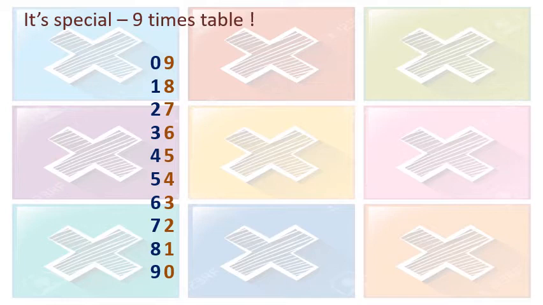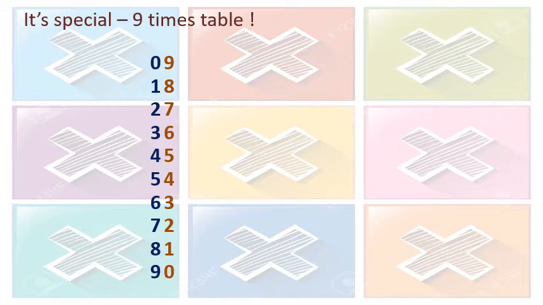Only 9. 9 ones are 9. 9 twos are 18. 9 threes are 27. 9 fours are 36. 9 fives are 45. 9 sixes are 54. 9 sevens are 63. 9 eights are 72. 9 nines are 81. 9 tens are 90. Got this?